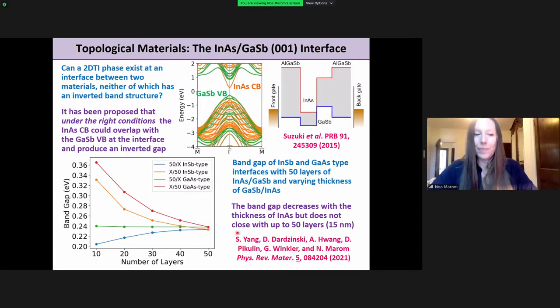And it seems like maybe the asymptotic limit is going to be some finite gap here. The indium antimonide type interface has a narrow gap. So we can't get the bands to cross here just by adding layers of indium arsenide.